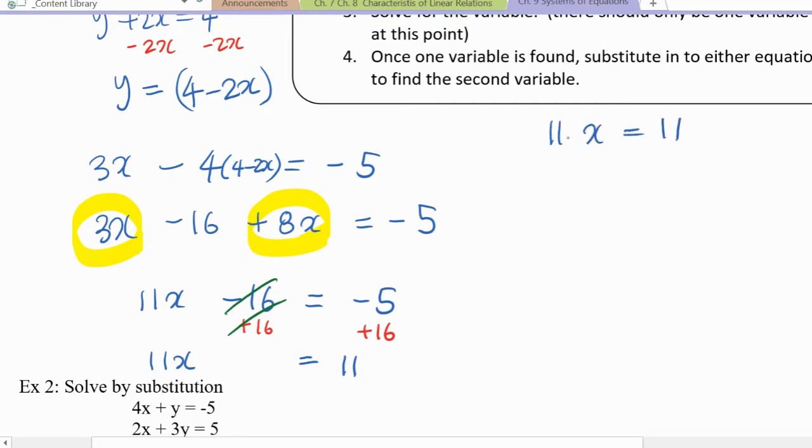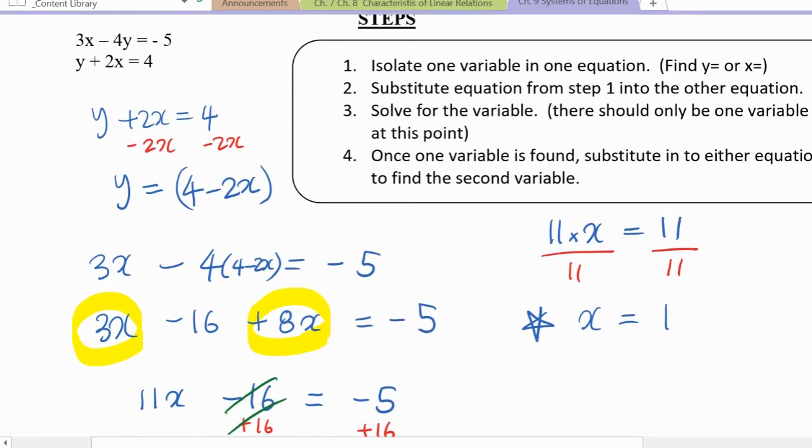What's hiding in between 11 and x? Multiplication is hiding. Then I'm going to divide both sides by 11. Then x is 11 divided by 11, that is 1. So x is 1. We're not done. We found x.